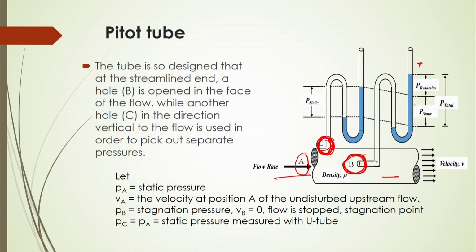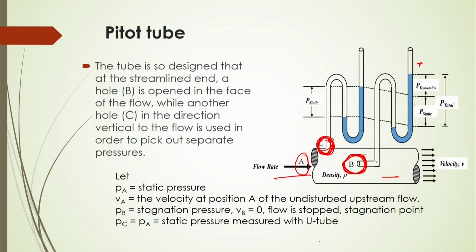So what will be the difference between the static pressure and the stagnation pressure? At section B the stagnation pressure will be there, because at this section B the velocity will be 0, because the flow will be stopped at that point, and it is called the stagnation point.